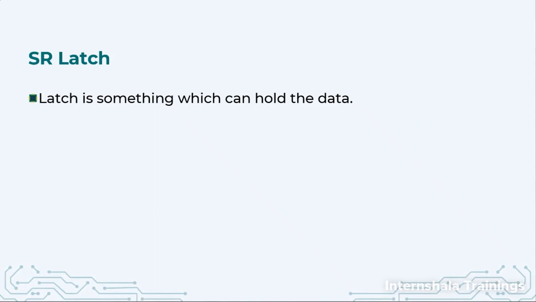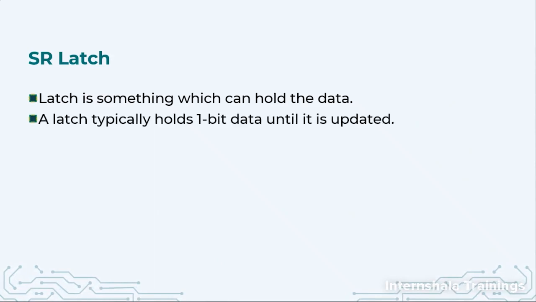So now let us take the first sequential circuit into consideration. We have SR latch. A latch is something that can hold the data. Typically it is 1 bit, and we can keep storing the data or we can update it.